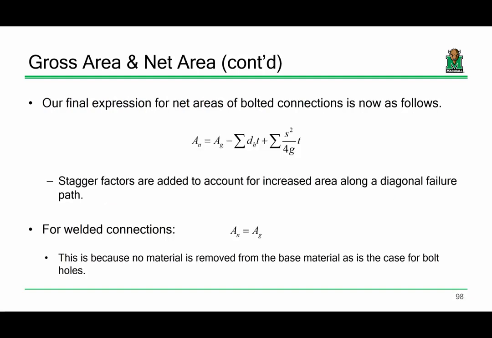Okay. So I propose that we now have a more refined expression for net area, and it is this. The net area equals the gross area minus the area lost due to the presence of bolt holes plus the addition of any necessary stagger factors in order to account for diagonal bolt paths.